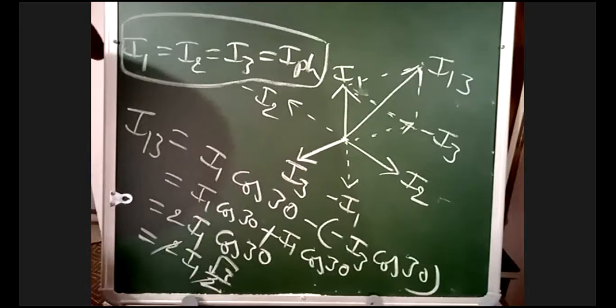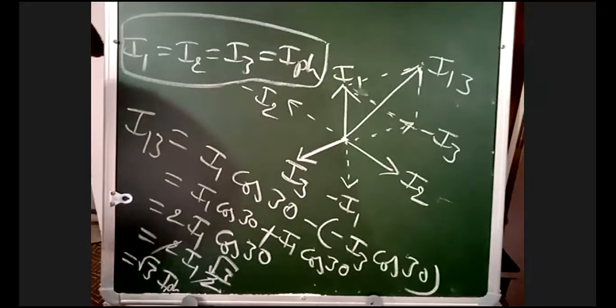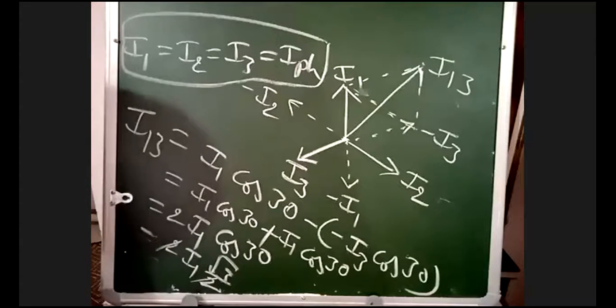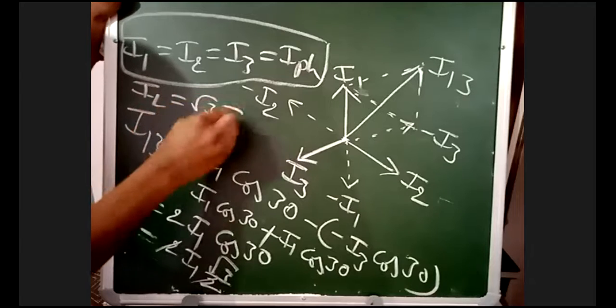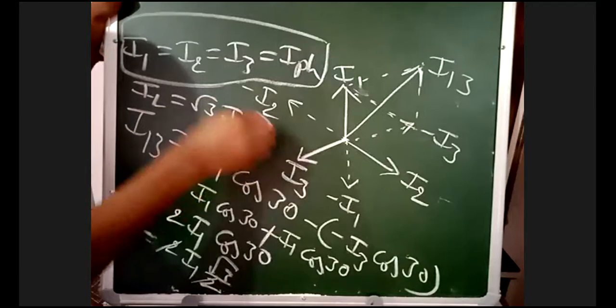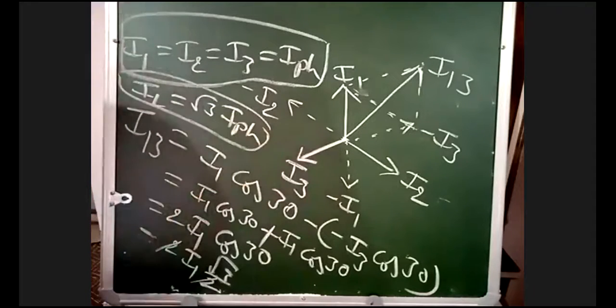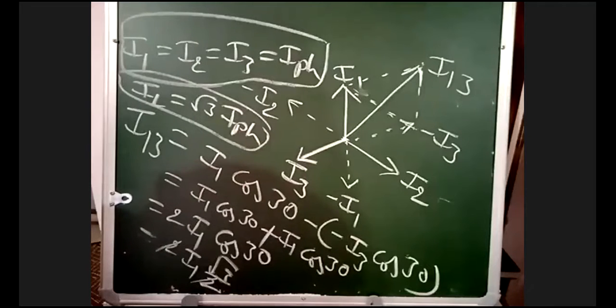The 2 and 2 are cancelled. That is root 3 into I phase. IL is equal to root 3 into I phase in delta connection.